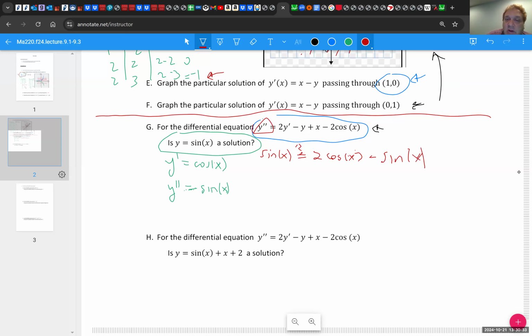And then that's minus y. Then we get plus x, so literally plus x. And then we have a minus 2 times cosine x. It's going to look bad. All right, let's see if I can fix it up a little bit.